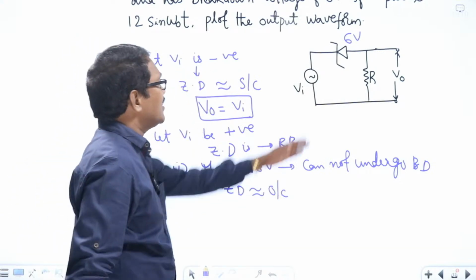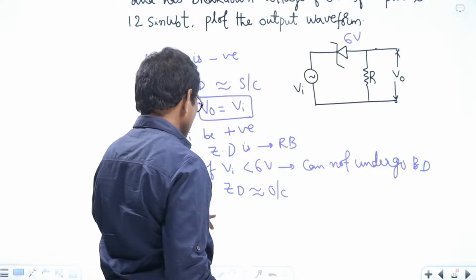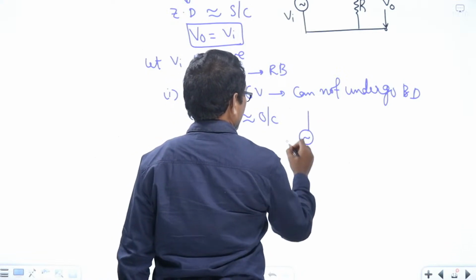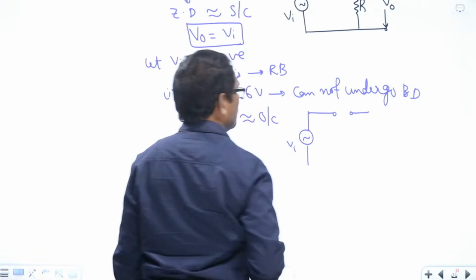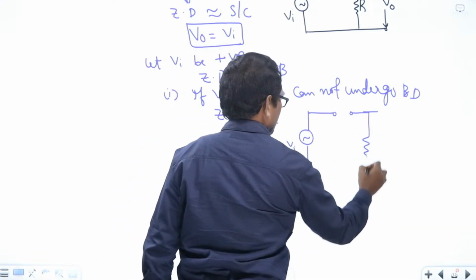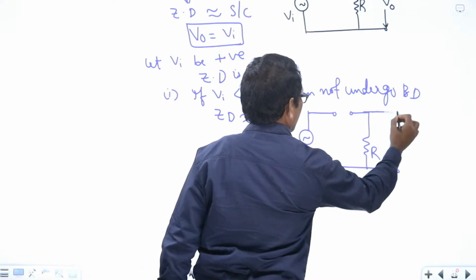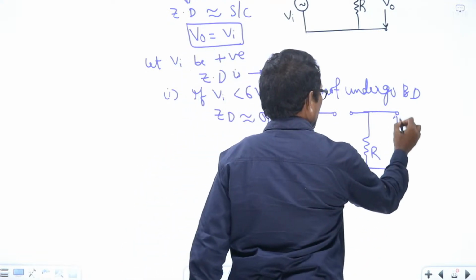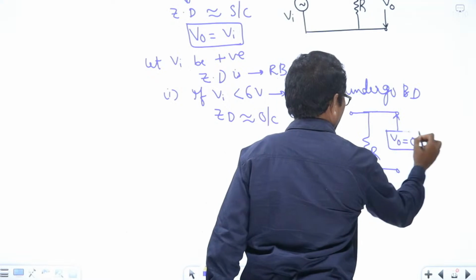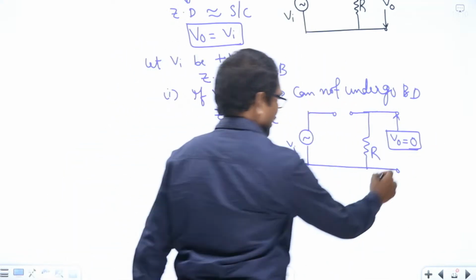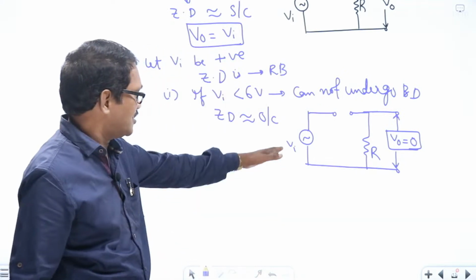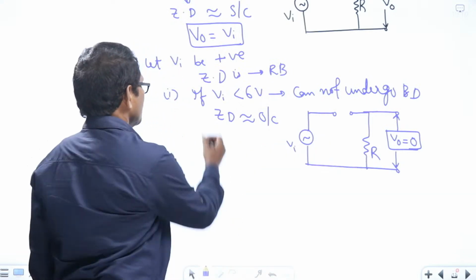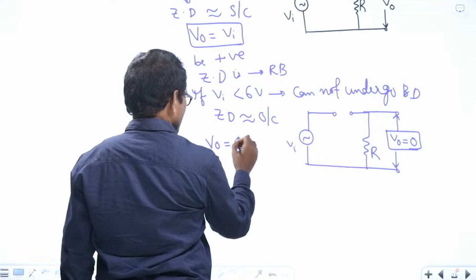The equivalent circuit for this case is VA, the Zener diode replaced by an open circuit, and R. Whatever the input voltage is will be applied across the open circuit terminals only, and the output voltage is 0. No voltage will be applied across the output terminals. So the output voltage corresponding to this case is 0.